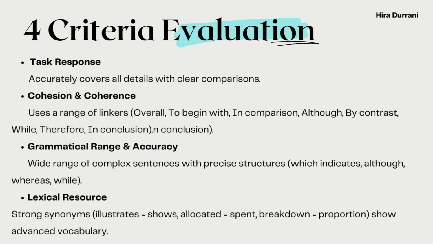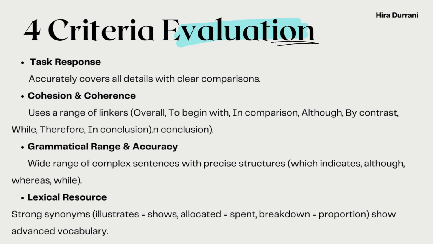These are the things. Now, grammatical range and accuracy means what kind of sentences you are using and are they grammatically correct or not, with precise structures, definitely, like how I have used to connect sentences, like which indicates, although, whereas, while. These were the connectors, how I have connected those sentences with such structures.